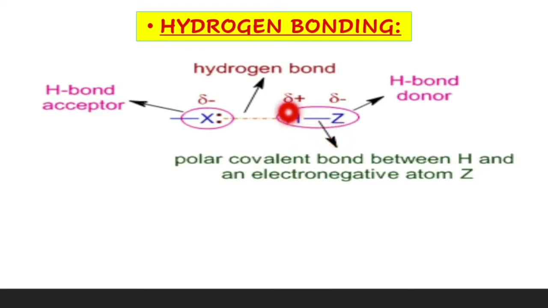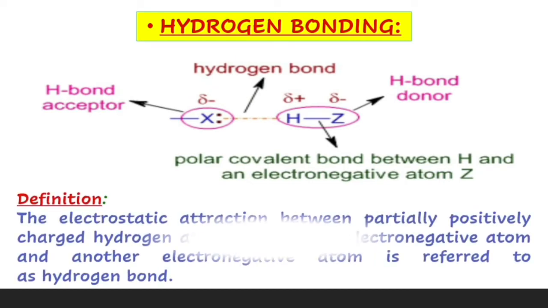Now, because of these partial positive and partial negative charges, the hydrogen of that molecule can be attracted to the electronegative element of another molecule. The bond that is formed in this case is known as a hydrogen bond. So what will be its definition?